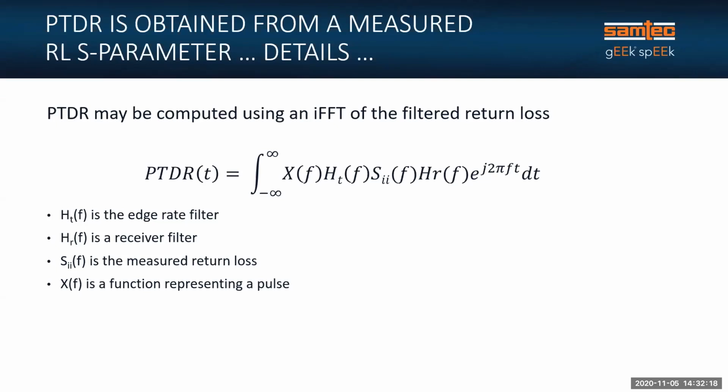And then we apply a receiver filter because that's the context that we're looking at. These things are used for a receiver, and receivers do have filters, they're not infinite bandwidth. And S11 is the measured return loss, and X is a function representing a pulse in the frequency domain.